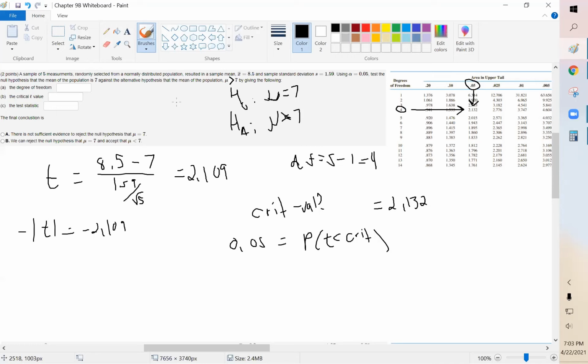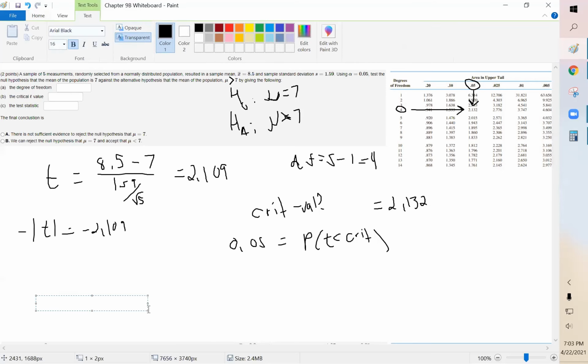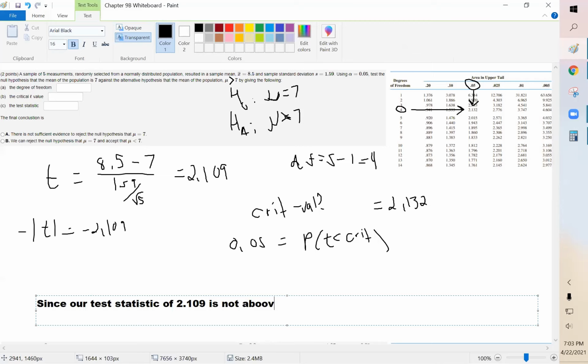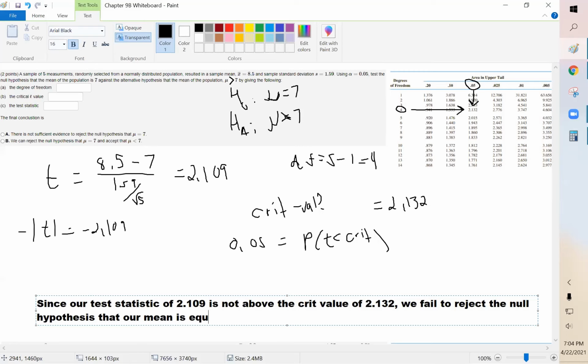So, that said, in this case, since our test statistic of 2.109 is not above the critical value of 2.132, we fail to reject the null hypothesis that our mean is equal to 7.